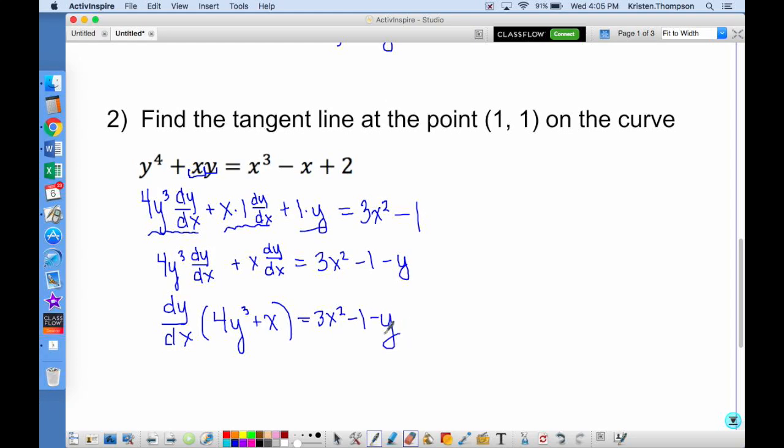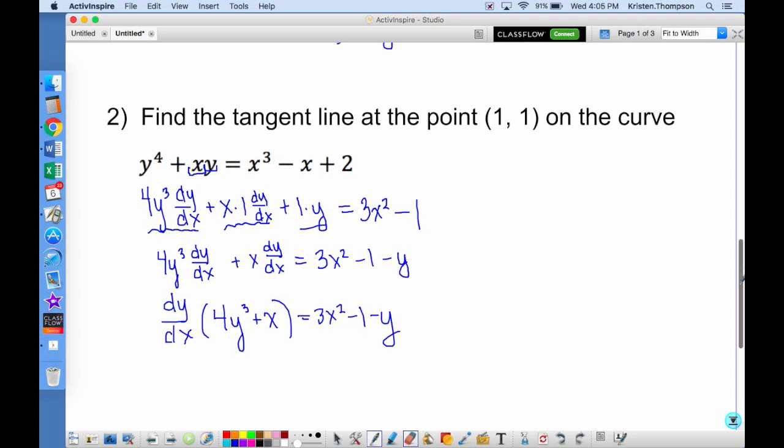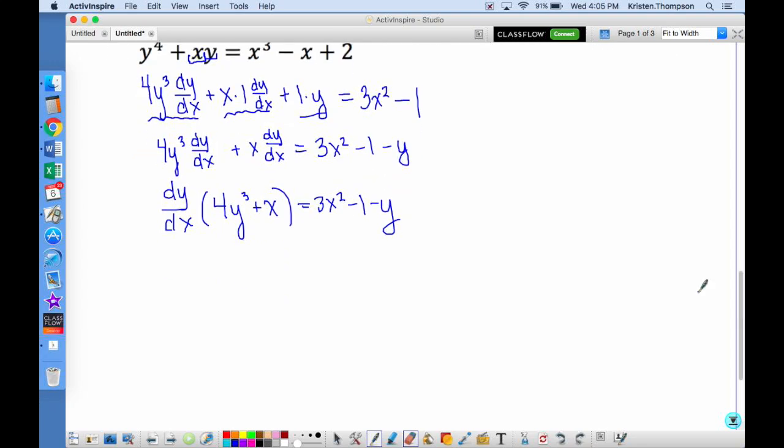And then finally solve for dy/dx by dividing out the 4y cubed plus x. Giving us the derivative: 3x squared minus 1 minus y all over 4y to the third plus x.